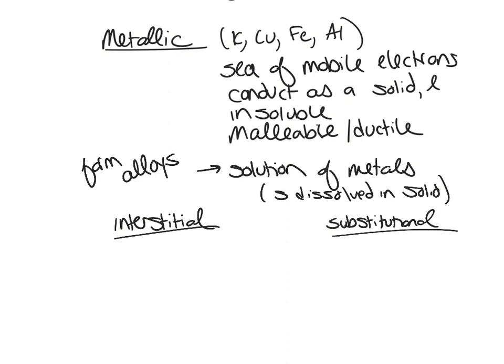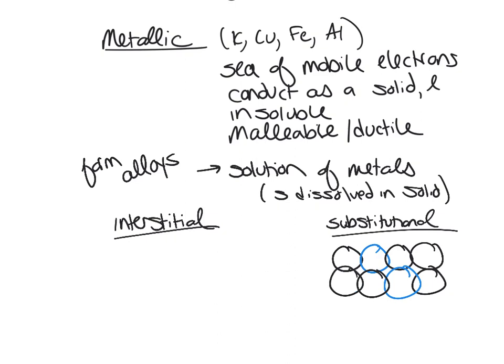Those things that are metals, but they're not on the periodic table, are usually a mix of them. So a substitutional alloy is something like this. All right. That's a substitutional alloy, and what do you need to know about them?